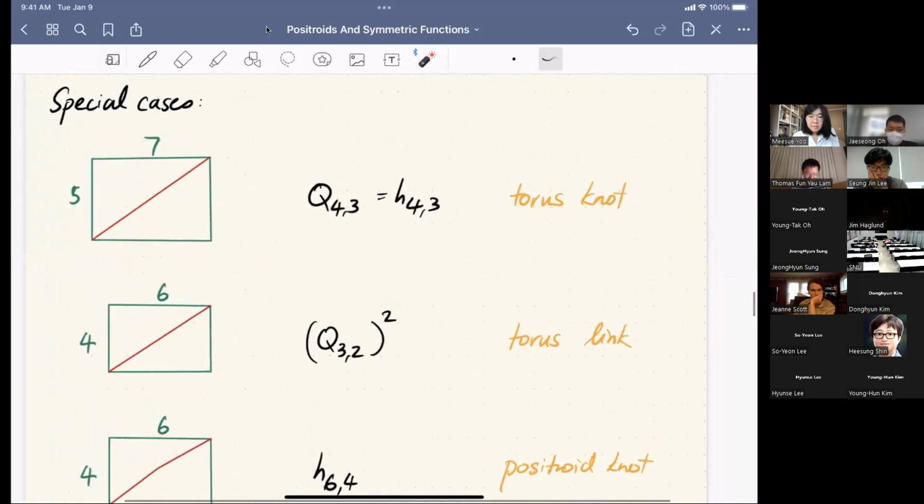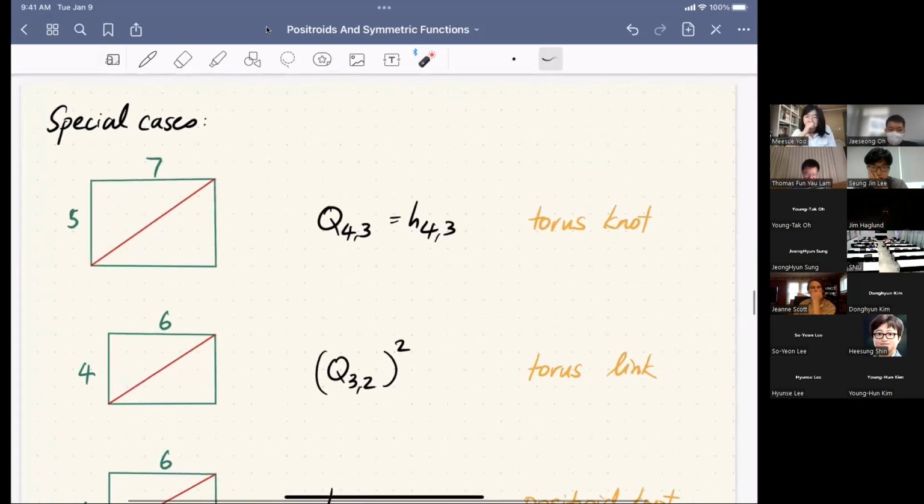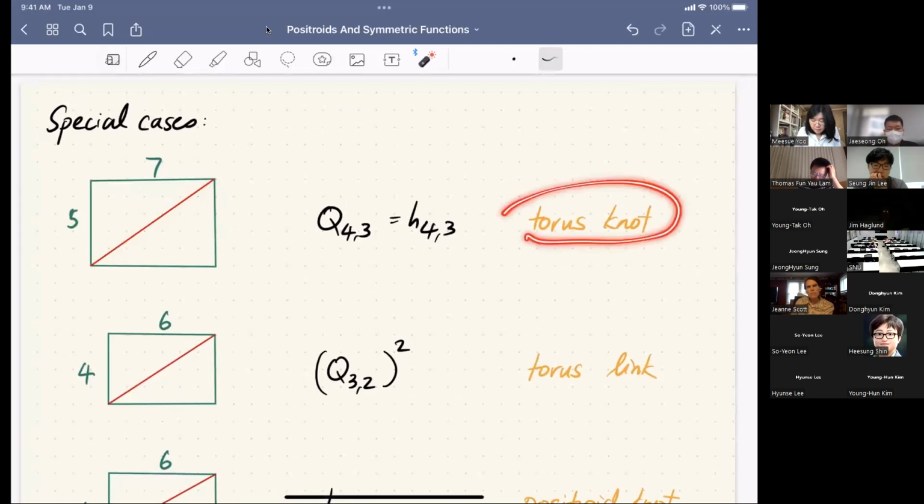Okay, so there are some special cases. If the concave curve that you start with is just a straight line between the two endpoints of a rectangle, so that k and n minus k are relatively prime, this is the case where the corresponding positroid link is a torus knot. So this is L sub f.